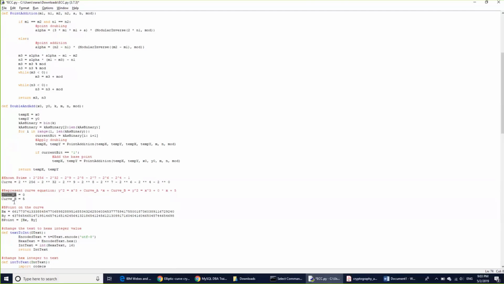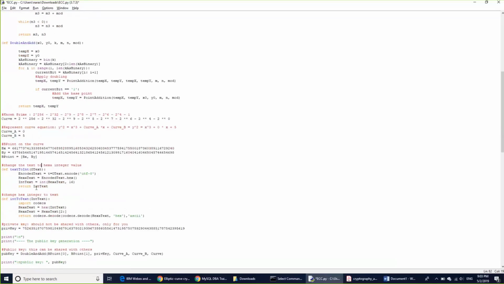These are basically points, and B is a generator point, where Bx and By are coordinates on the curve. These are the coordinate values we chose in this program, and these are the small functions to encode and decode the original text message.